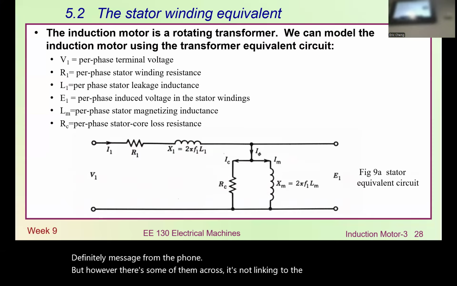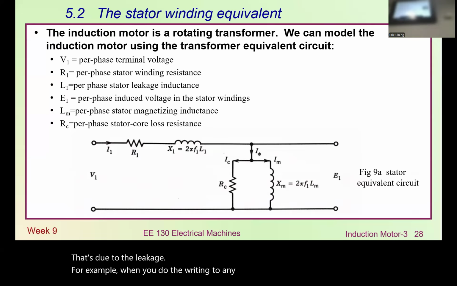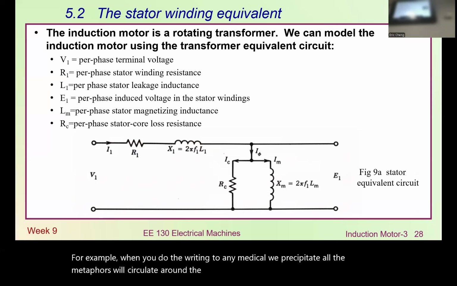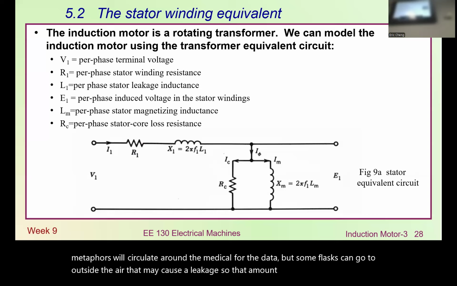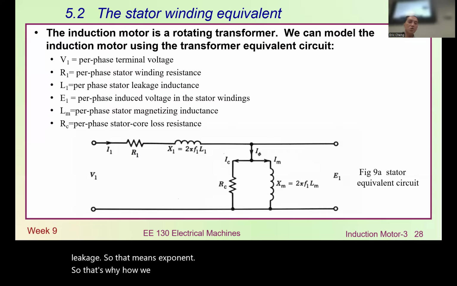That's due to leakage. For example, when we wind a winding on a magnetic core, we presume all the magnetic flux will circulate around the magnetic core of the stator, but some flux can go outside into the air, and we call it leakage. That amount of inductance we call the leakage inductance. So that's how the inductance and resistance of the stator look.